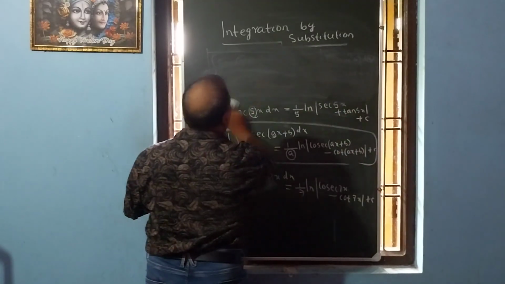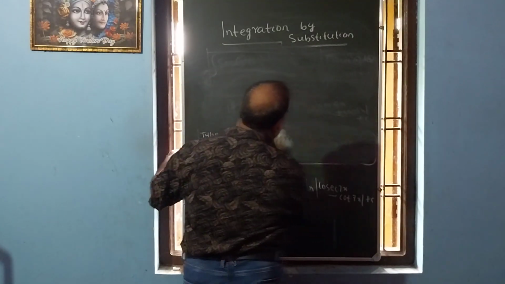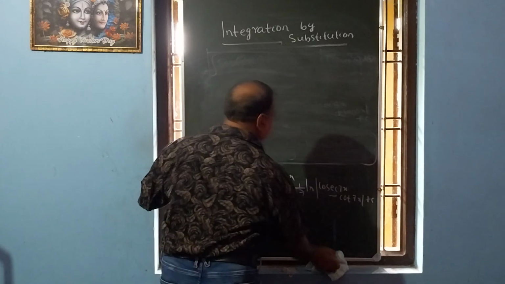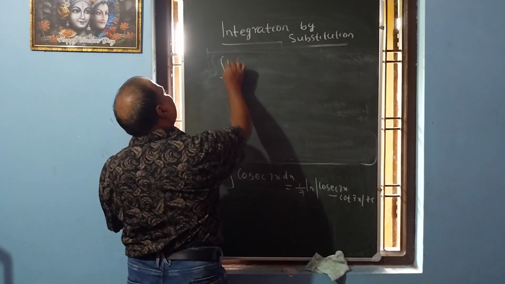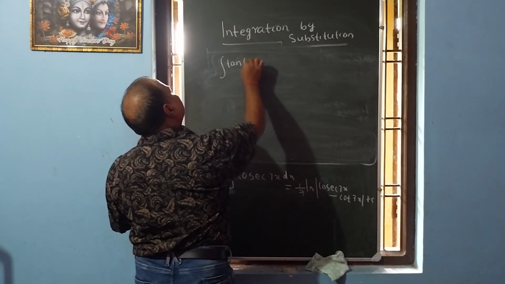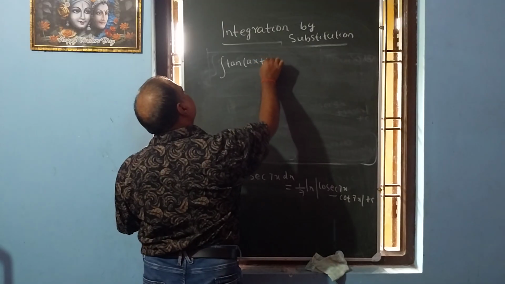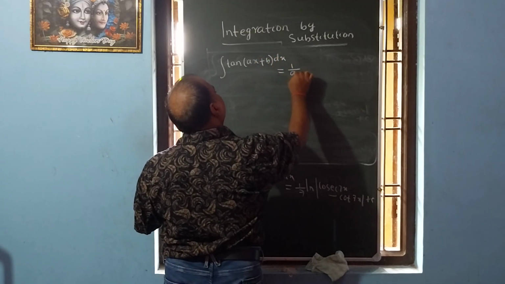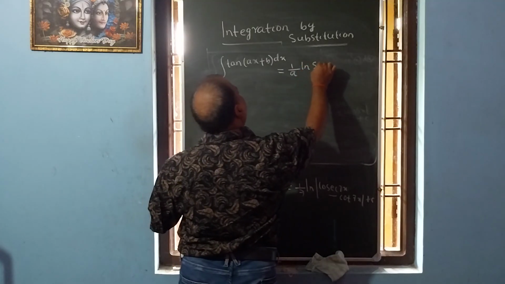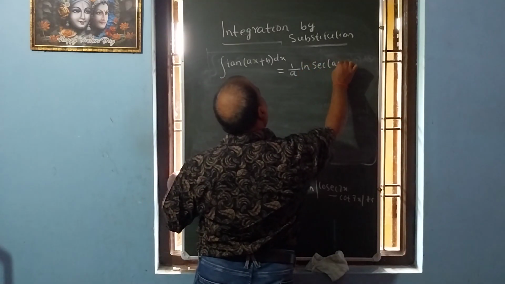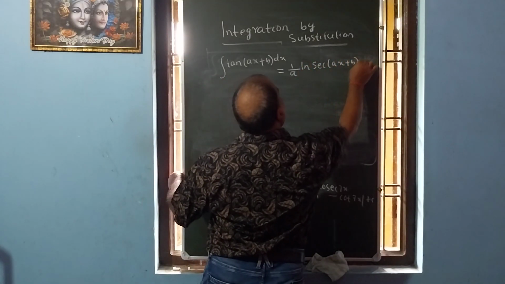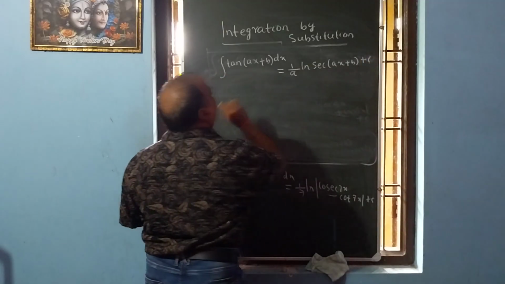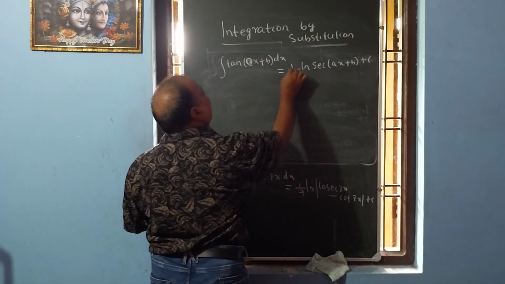Then another type. Integration of tan (ax plus b). The result will be 1 by a ln sec (ax plus b) plus c. You remember the coefficient of x must be divided here.